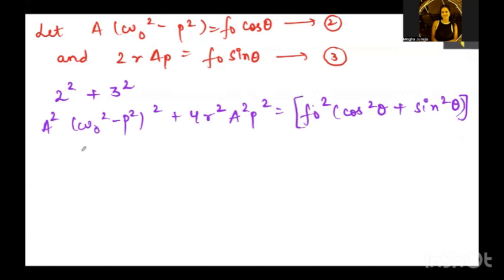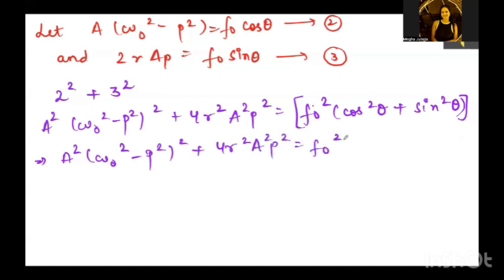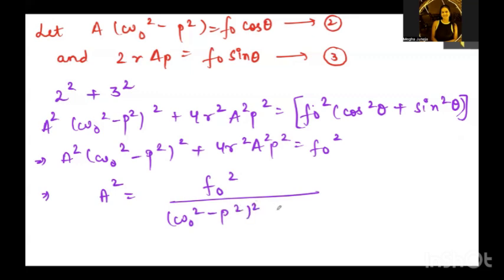Okay? So from here what we can say? So this implies that a square omega naught square minus p square whole square plus 4 r square a square p square is equivalent to f naught square itself. So अब यहाँ से if in case we have to calculate the value of a, it will be equivalent to what? So we can say firstly a square will be f naught square over omega naught square minus p square whole square plus 4 r square p square.